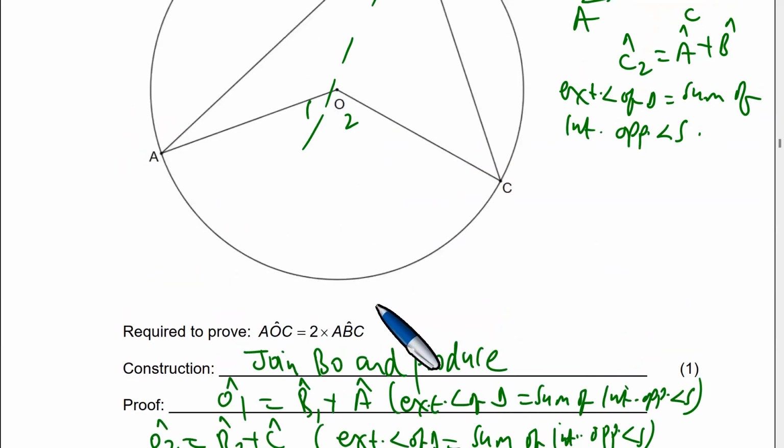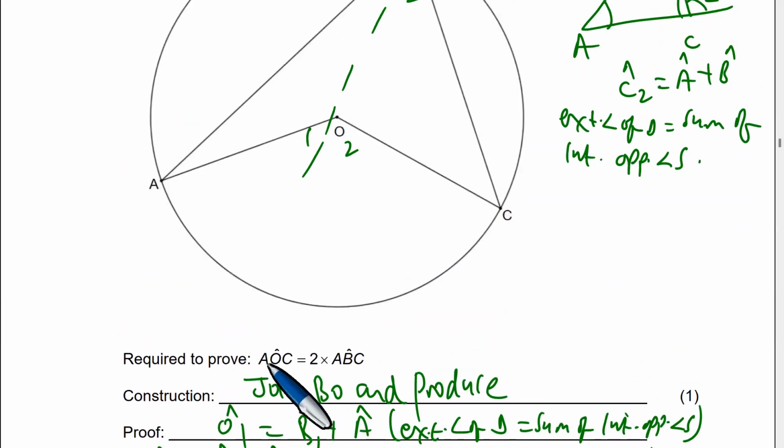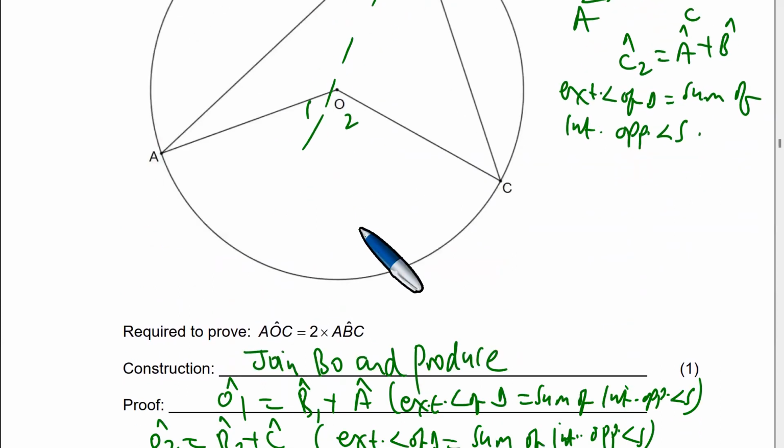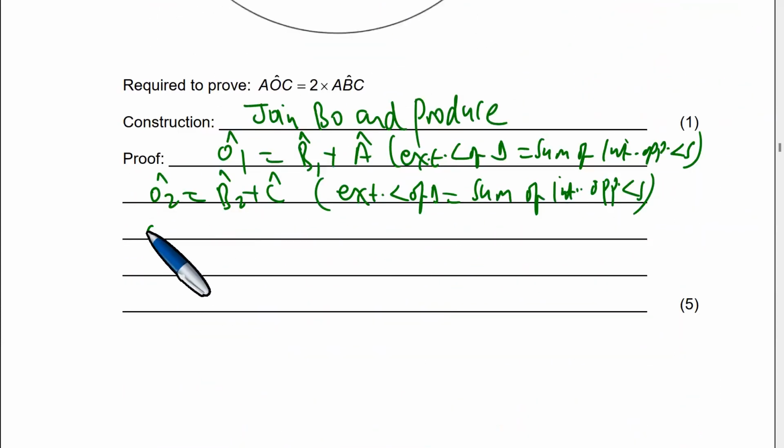Then we have O1 plus O2. Now we want to get the whole angle, angle AOC. AOC is O1 plus O2. So you add them up, O1 plus O2, and you add the right-hand side as well.